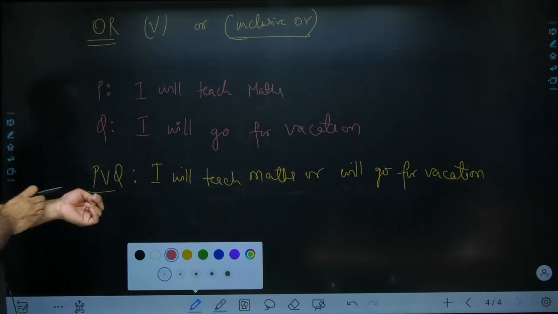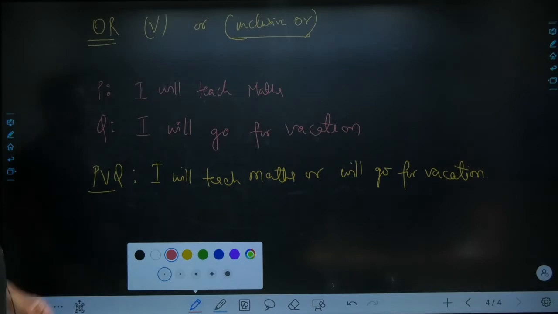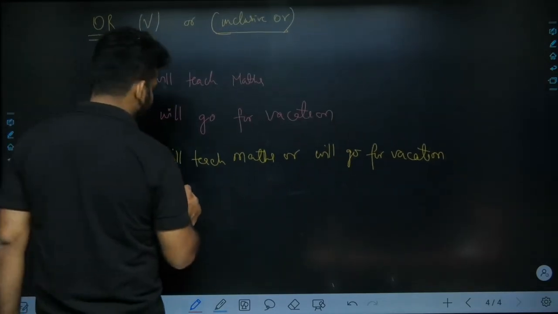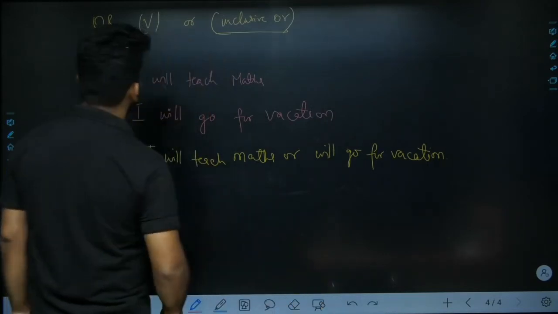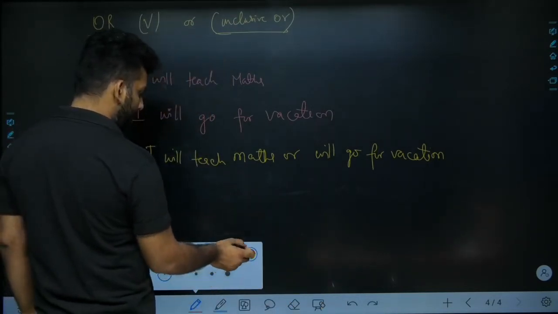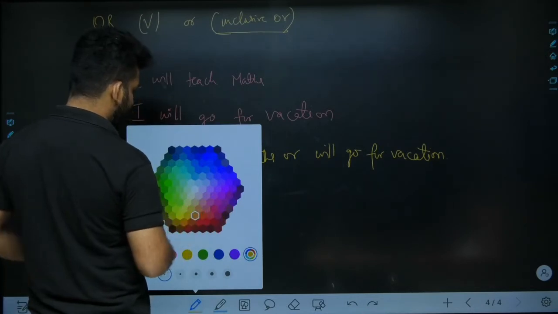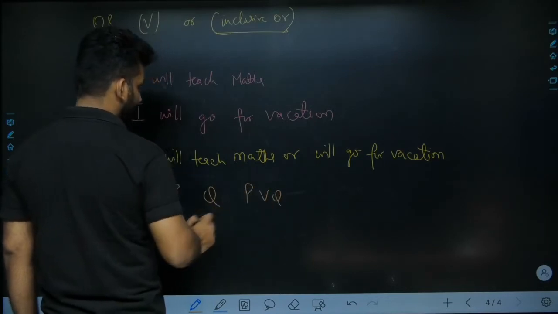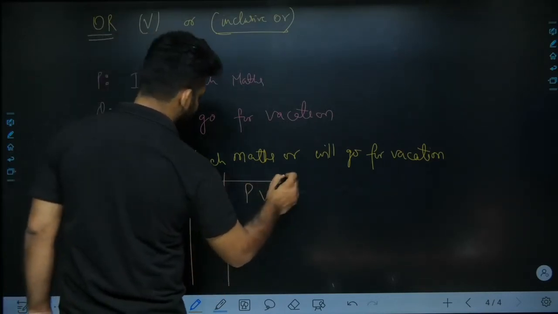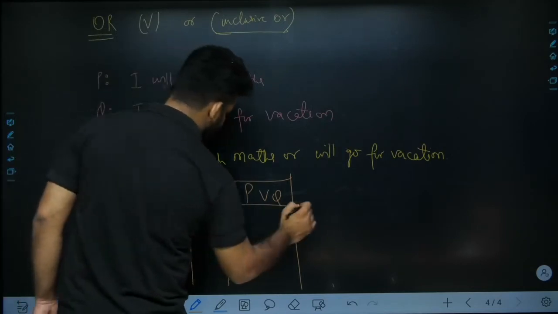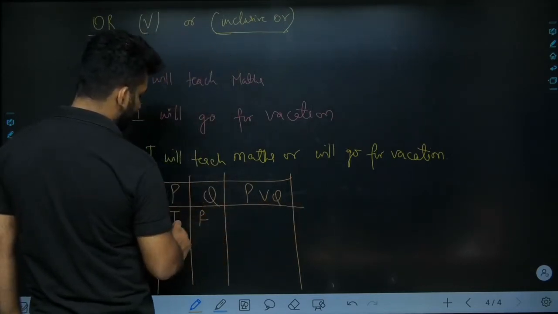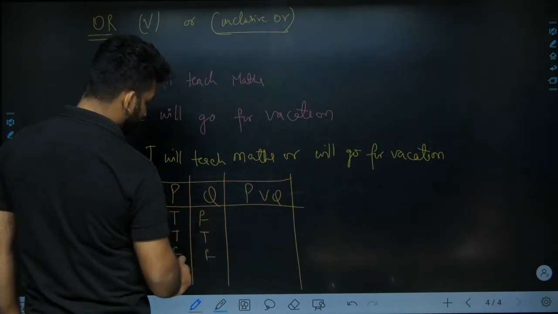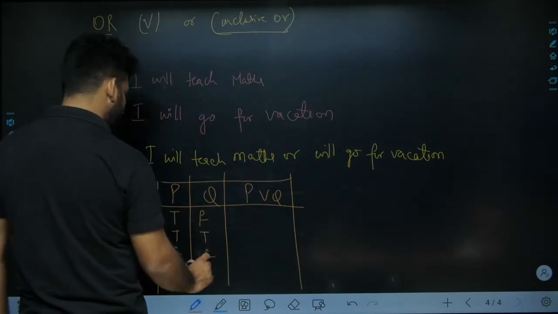Now let's understand when P or Q will be true depending upon the truth values of P and Q. When? Okay, so let's see. P, Q, P or Q. True, false, true, true, false, false, false, true. Okay.